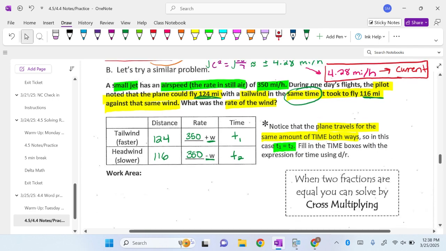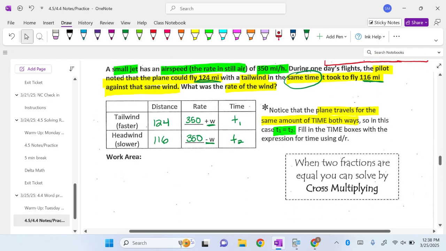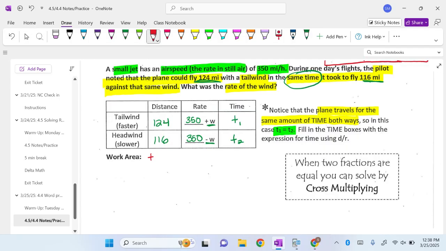So let's write individual expressions first using T1 and T2. If I wrote T1 in terms of distance and rate, how would I write that expression? T1 is the tailwind. Remember, time is equal to distance over rate.